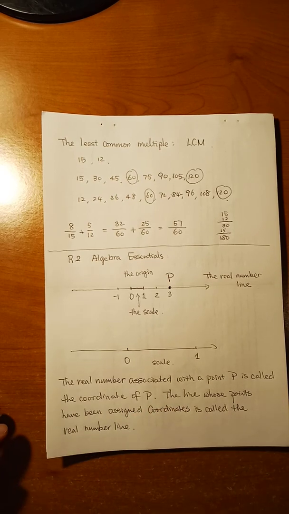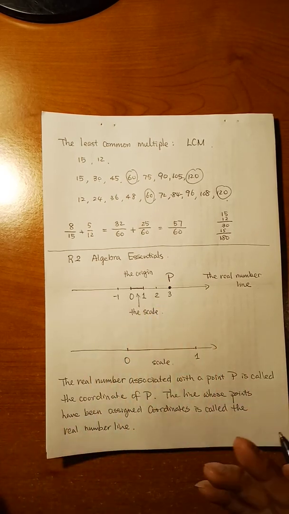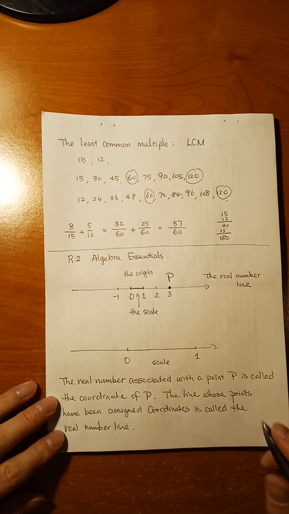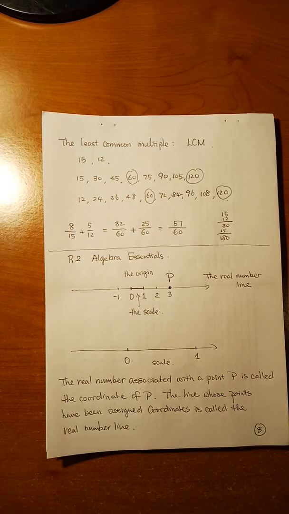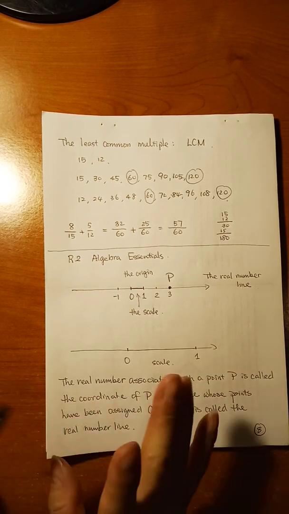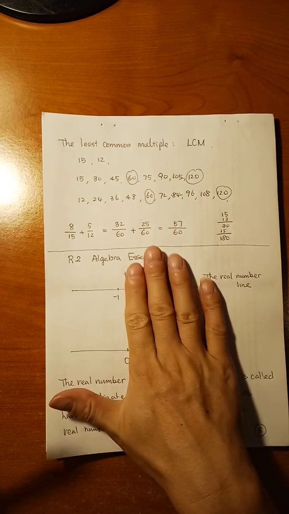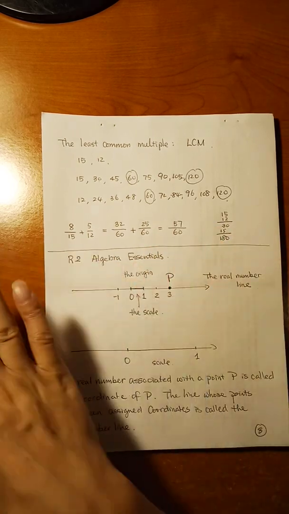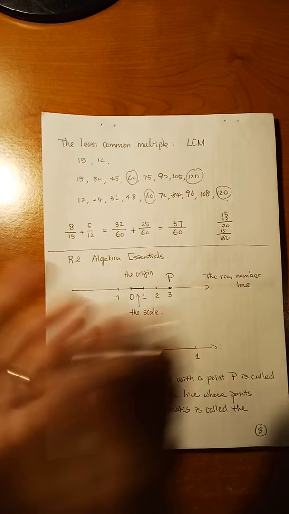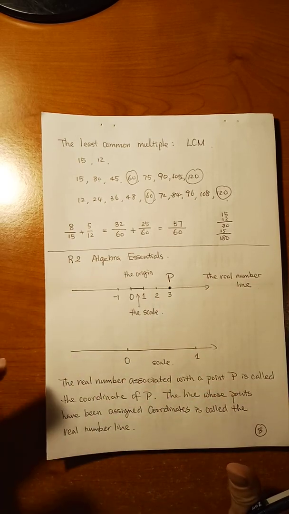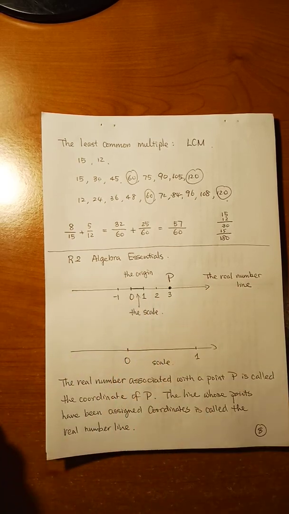Okay, so the real number line means every point has a coordinate. And normally we put positive numbers on the right side and negative numbers on the left side. That's a convention. We don't flip it. Okay, and the 0 is always the origin.